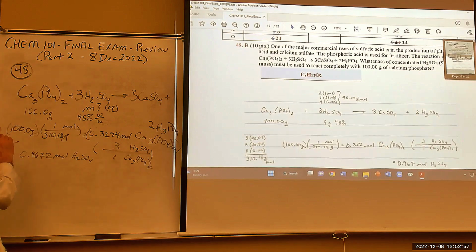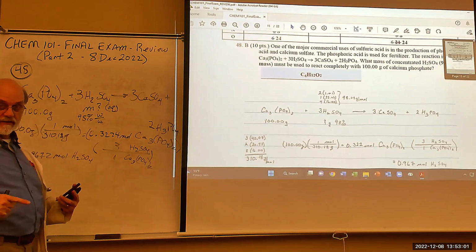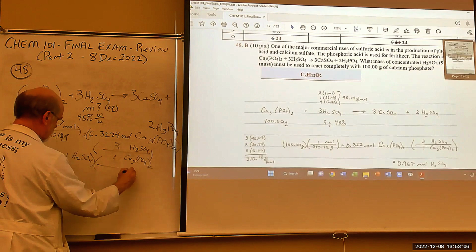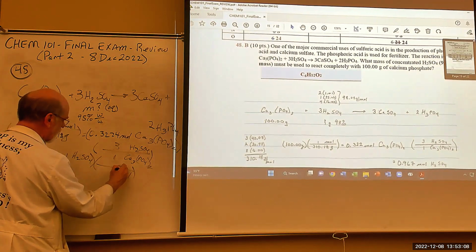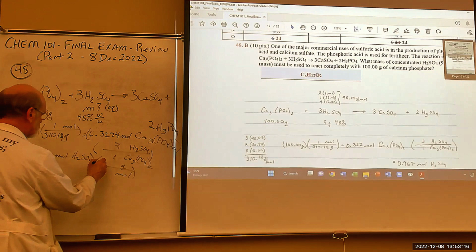Okay, so what's the mass of sulfuric acid? Of 100% sulfuric acid would be this, moles on the bottom, grams on the top, and that is 98.08.